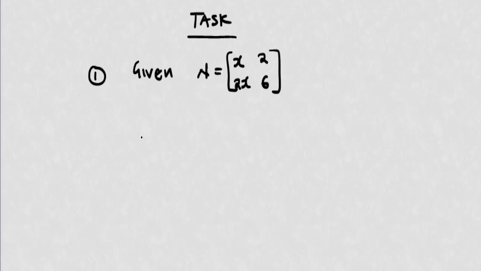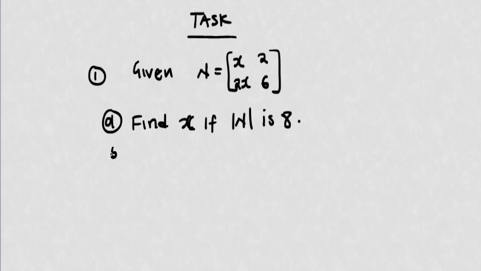Then we're now saying A, find X if the determinant of the matrix N is 8. Then part B, write or find the inverse of N. That is one and the same.